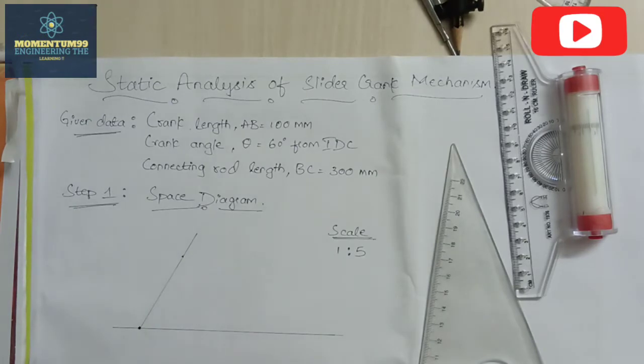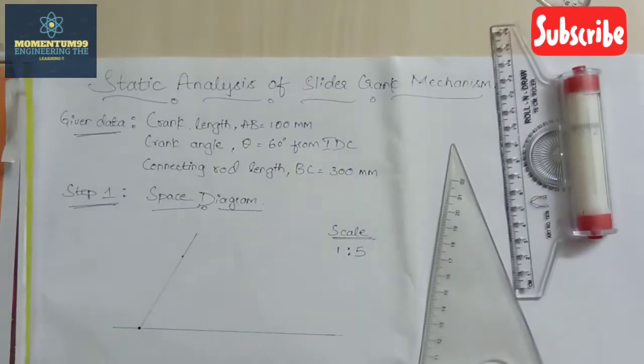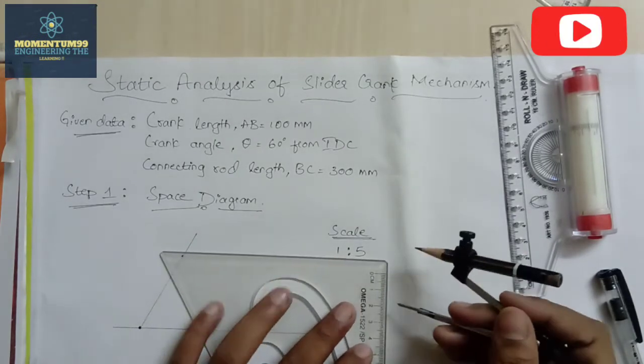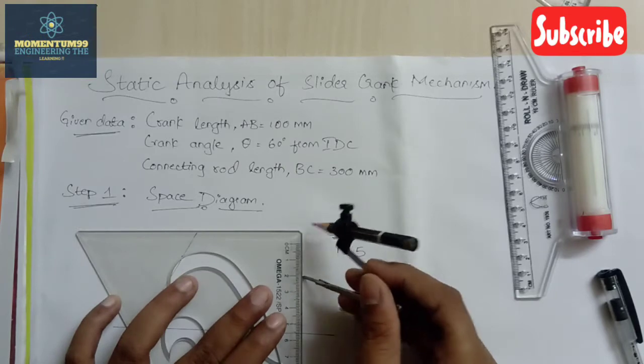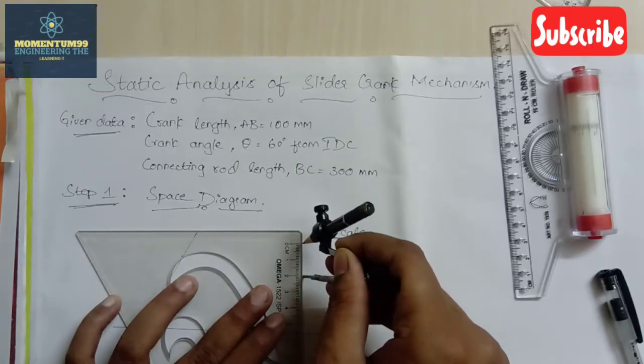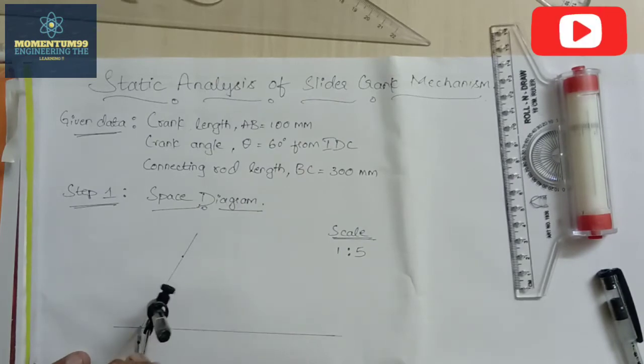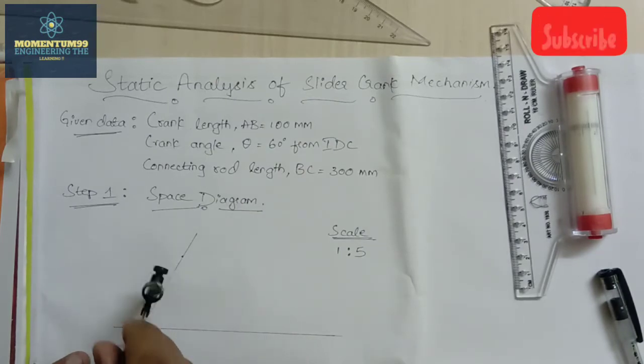Now to mark this one, I will be making use of the compass here. With the help of the compass, I will be measuring 20 mm here. Now with this point as the reference, I'll be marking this length here.